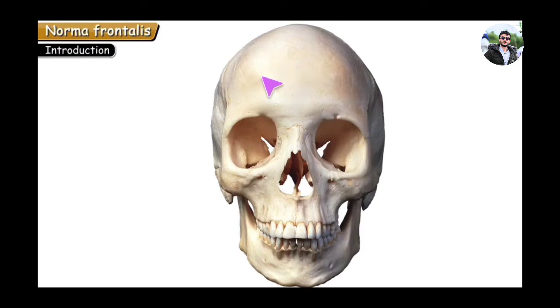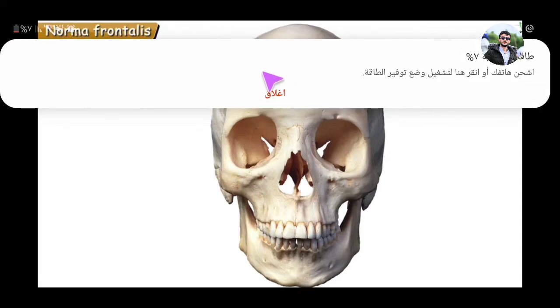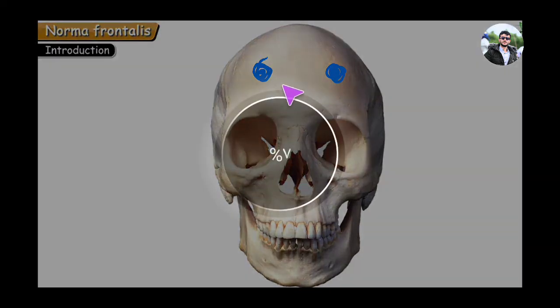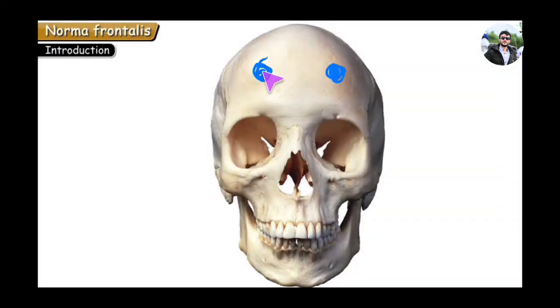If you remember in the first video, in the norma verticalis, I talked about two eminences in this place, which are two projections.